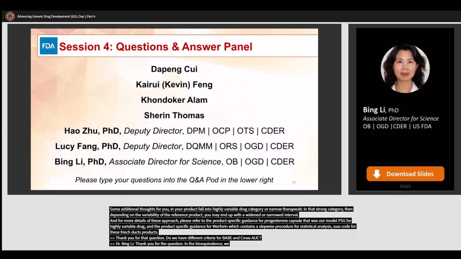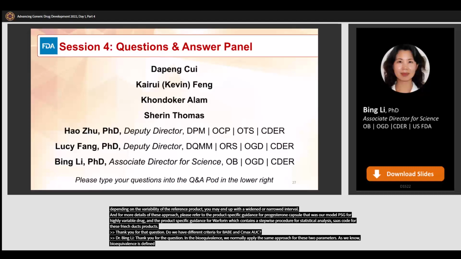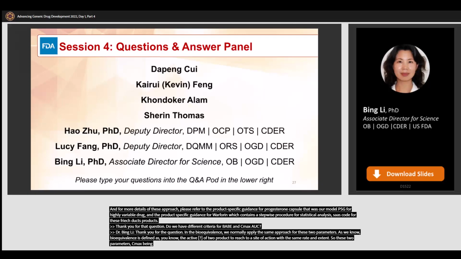As we know, bioequivalence is defined as the active moiety of two products reaching its site of action with the same rate and extent. So these two parameters, Cmax being reflective of rate of absorption and AUC for extent of absorption, are two important PK parameters to demonstrate BE. Thank you.